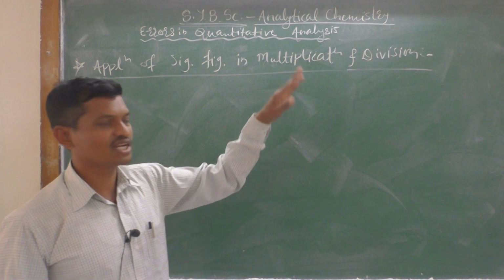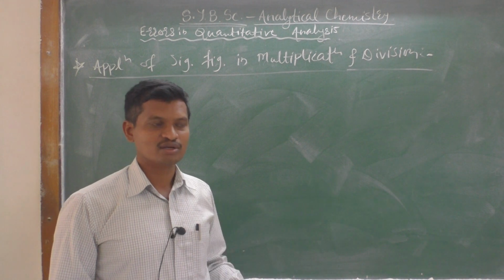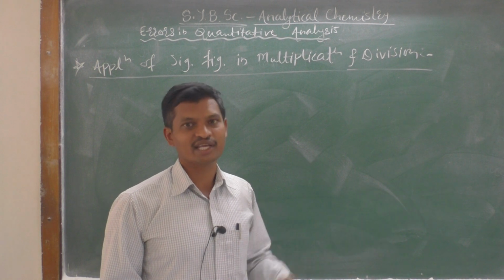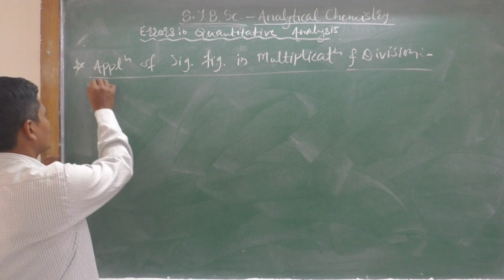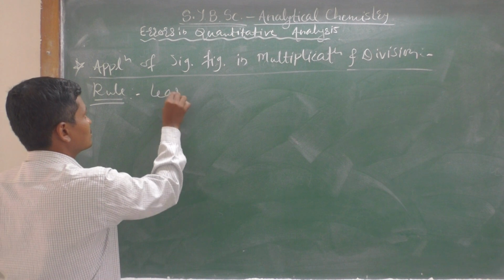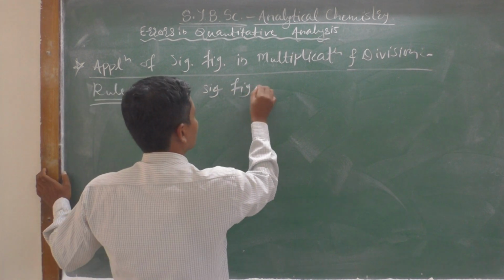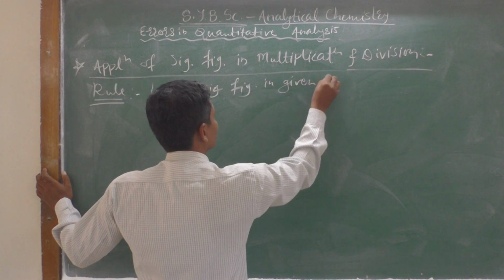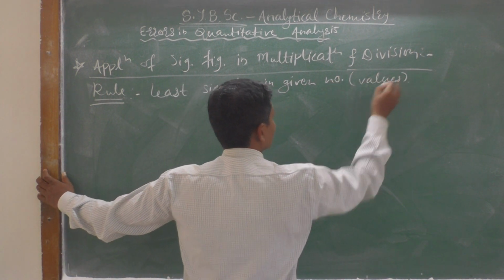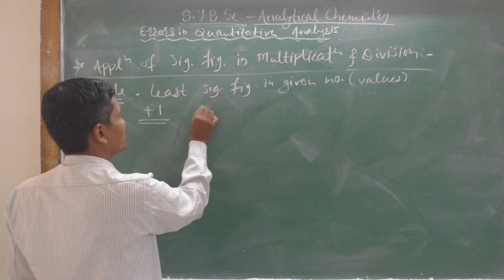But in case of multiplication and division, plus 1 significant figure is allowed for the remaining figures in the calculation. The rule is very simple: whatever the least number of significant figures in the given values, we can take plus 1 significant figure.